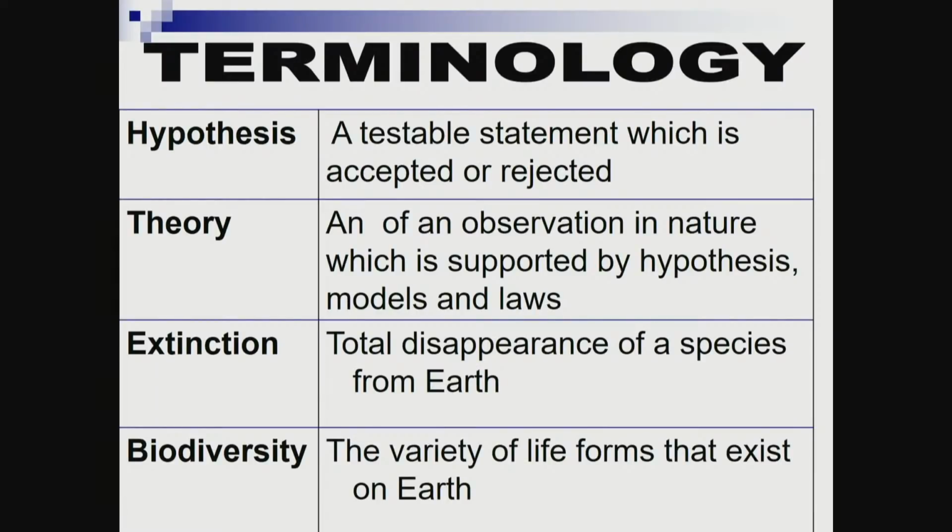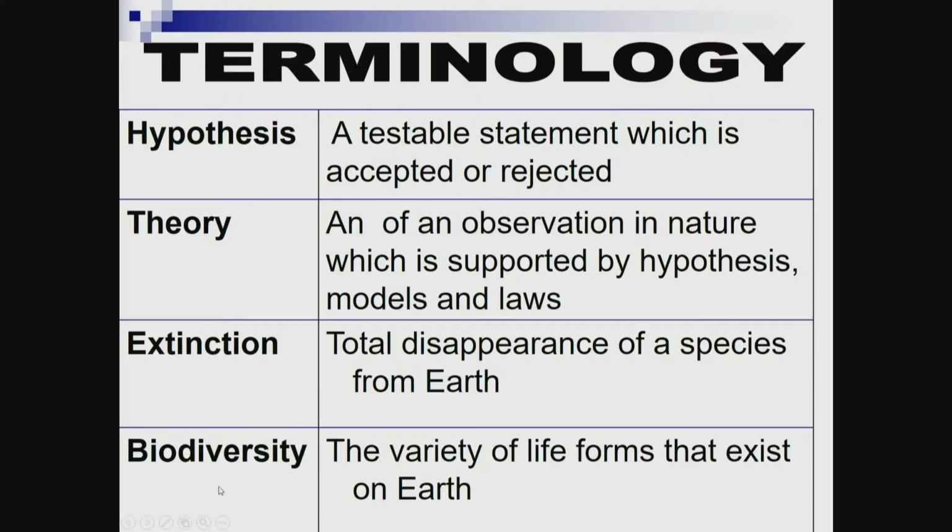So when we look at the terminology, there is always a hypothesis and always a theory, and the theory is an observation. When we talk about the hypothesis, it's a testable statement. Now these two are always in a question paper, either to give as a one word the biological term, or maybe to state the hypothesis or explain what a theory is.